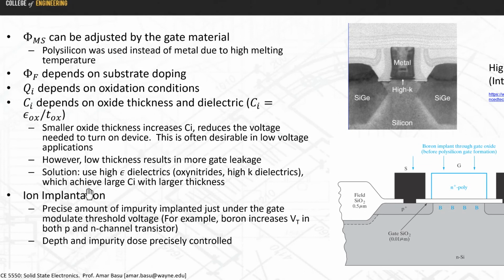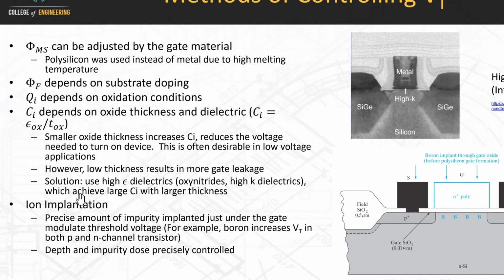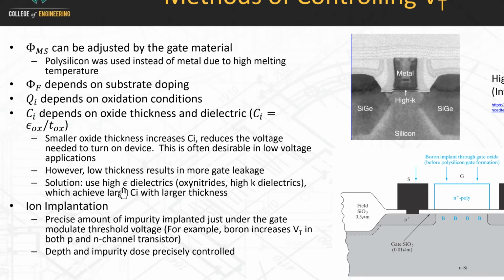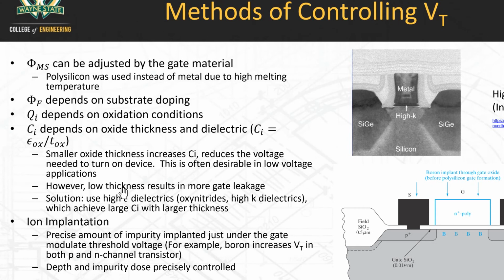I'm introducing some of these ideas right now. So the solution, how do we get a high CI while reducing the thickness? The solution is to use high K dielectrics. High K dielectrics are dielectric materials that have a high dielectric constant.